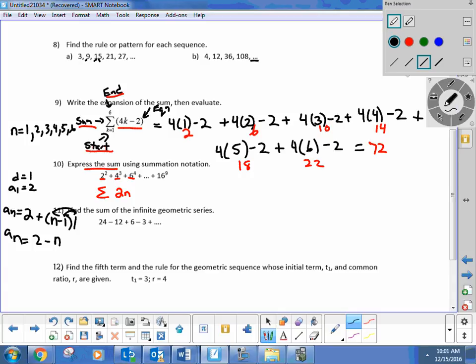Oh, I'm sorry, that should be a plus, not a minus. That should be 2 plus n minus 1. So then this is really just n plus 1. Which means that this power is described as n plus 1.